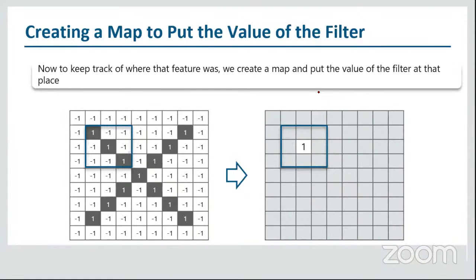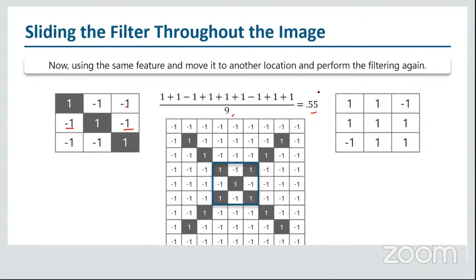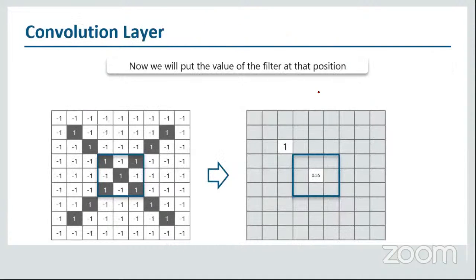I do the same thing, creating a map and putting the value of the filter. I have to do this for the entire 9 by 9 matrix. Once I do that, I end up with values like this. Sliding the filter over the image, I get 1 in the center, 0.5, and so on.